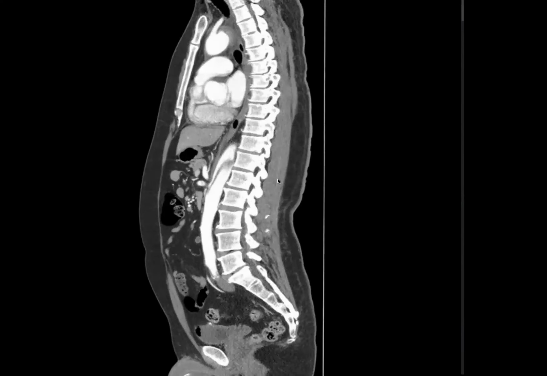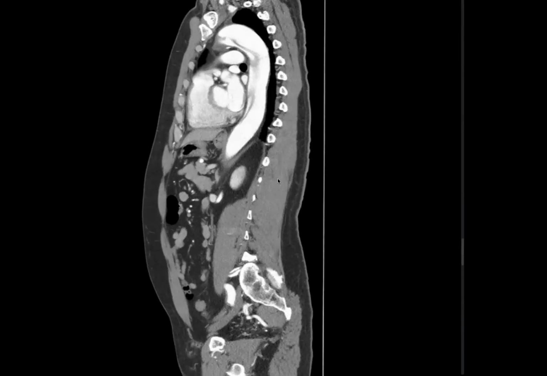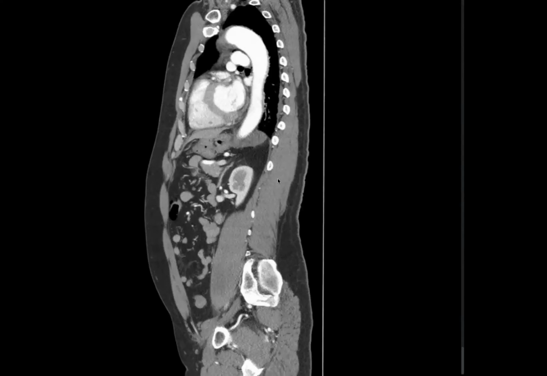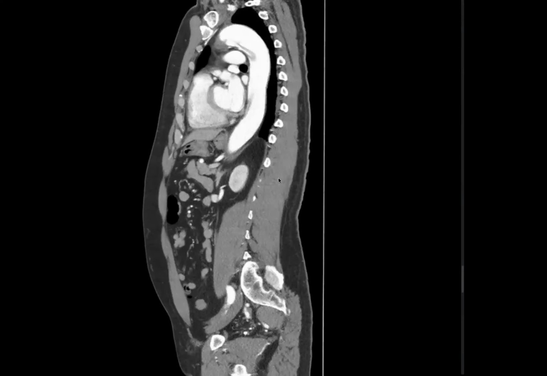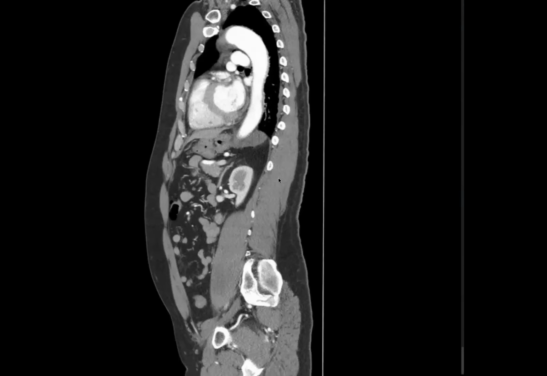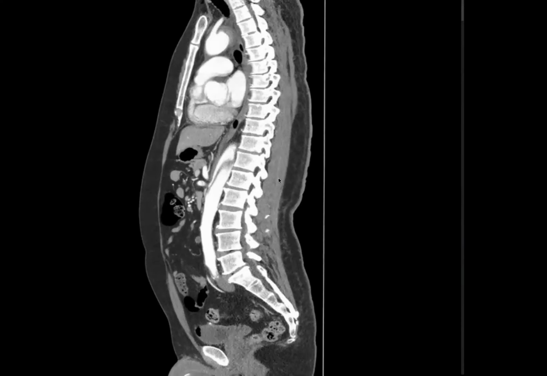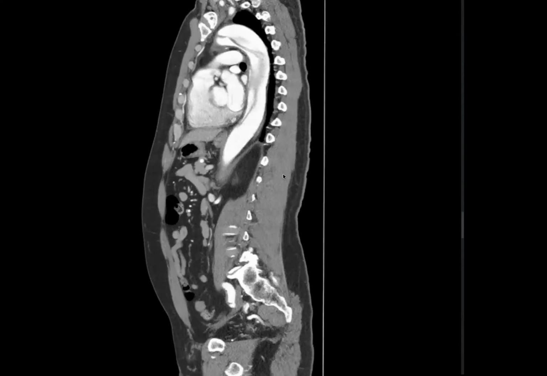The management would comprise conservative management, control of hypertension. But I would like to see in the axial abdomen scan if there are any organs or blood supply getting compromised. If it is, then this patient would be urgently managed.